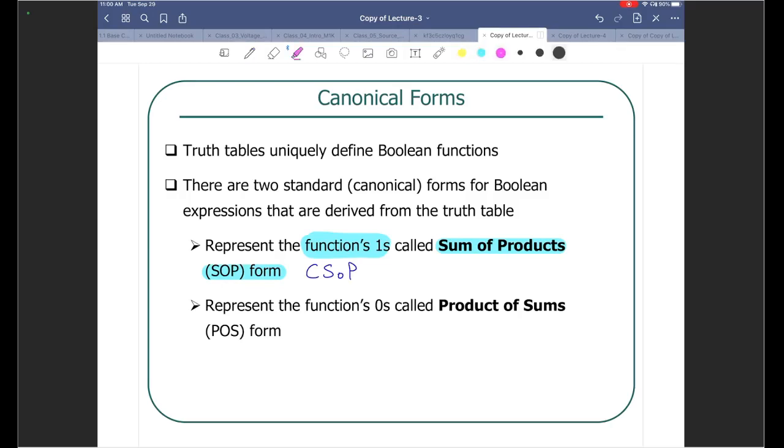And where the function is 0, that's what is called the product of sum, and because it is canonical forms that we are talking about, canonical product of sum. Because in the truth table, you can only have ones or zeros. So that means that I can write every function using the ones, because zeros are going to be the places where it is not a 1. So one of the forms should work.